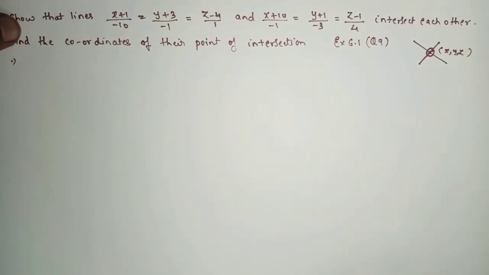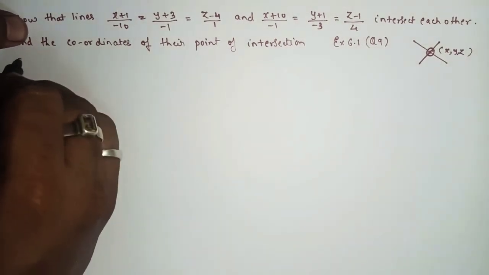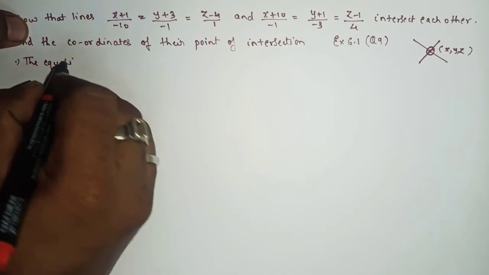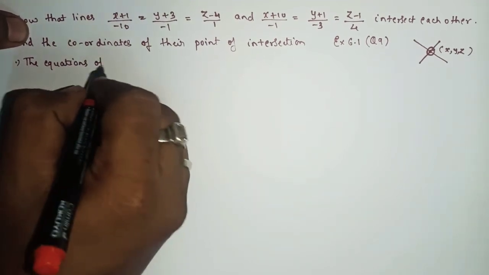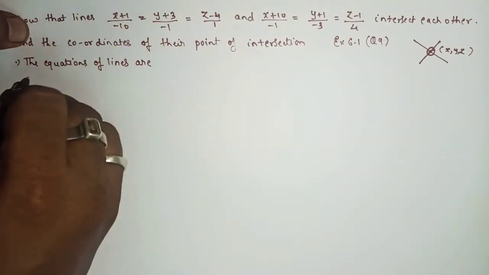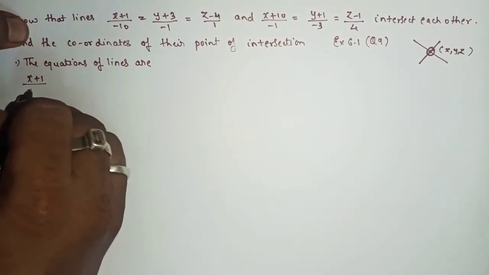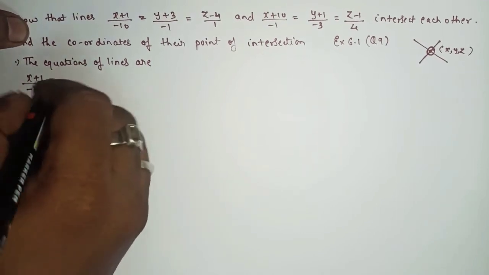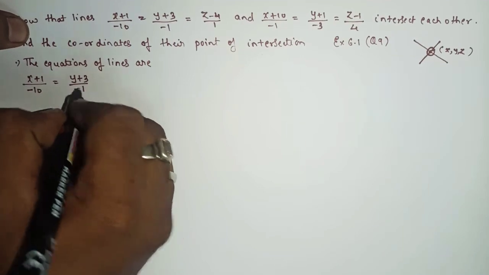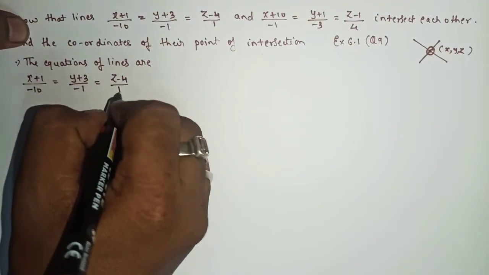Okay, so here in the first step you will write the equations of the lines. The first one is (x plus 1) upon minus 10 equals (y plus 3) upon minus 1 equals (z minus 4) upon 1.